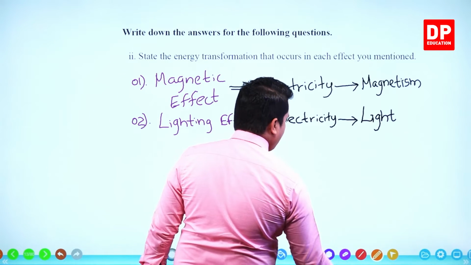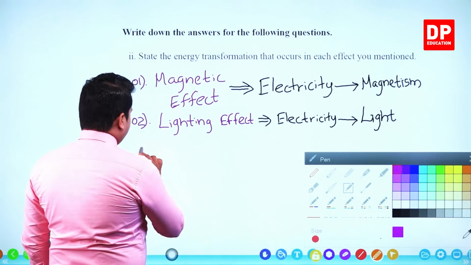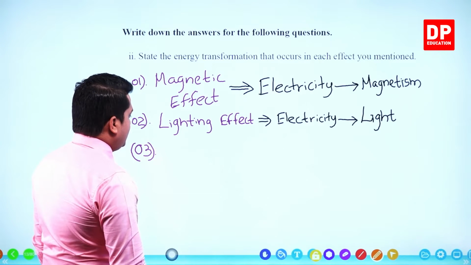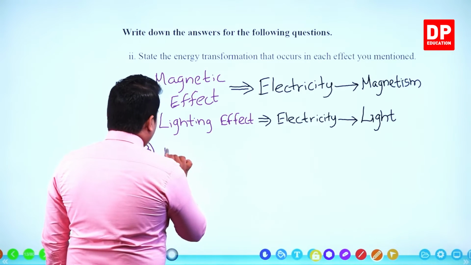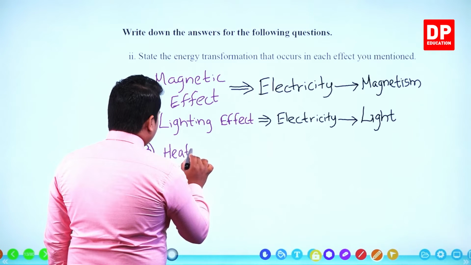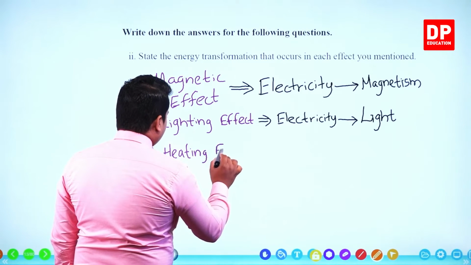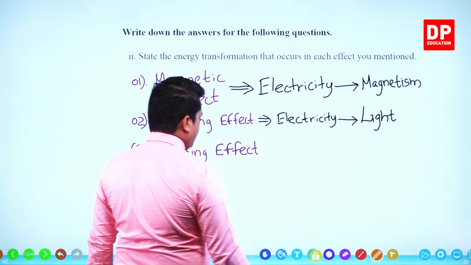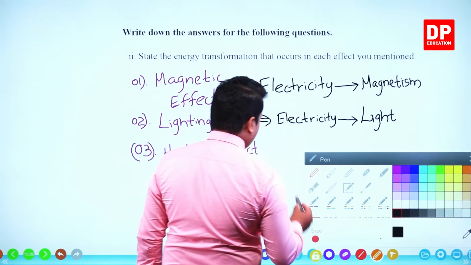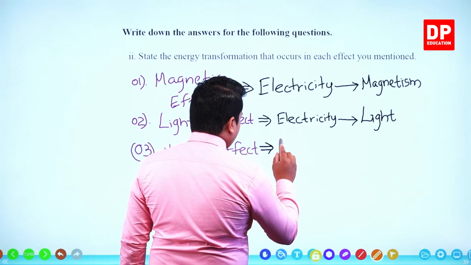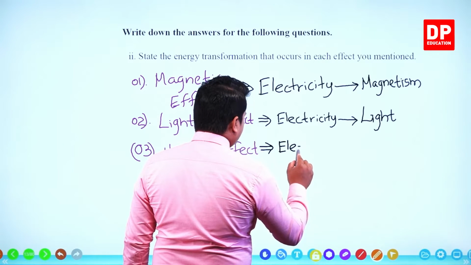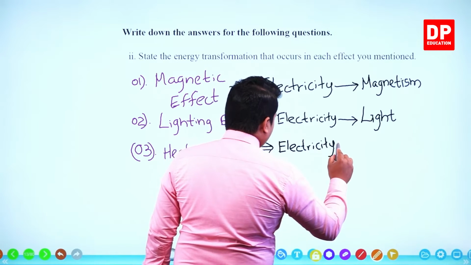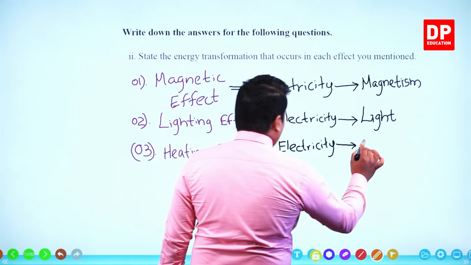Then number 3, heating effect. In heating effect, electricity is converted to heat energy.